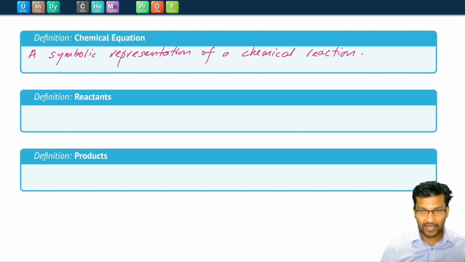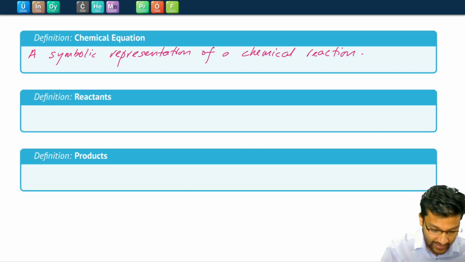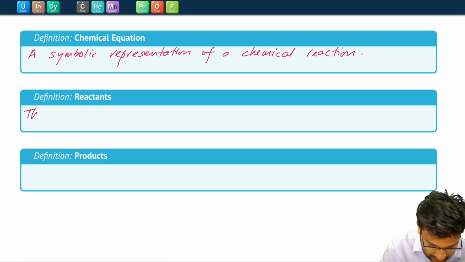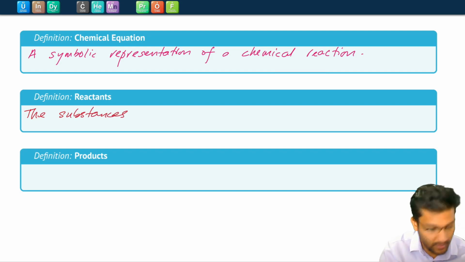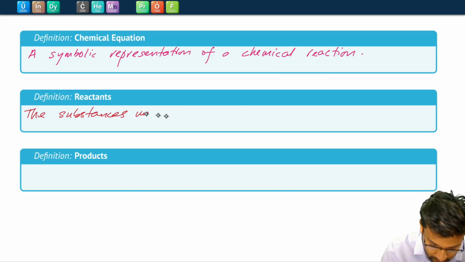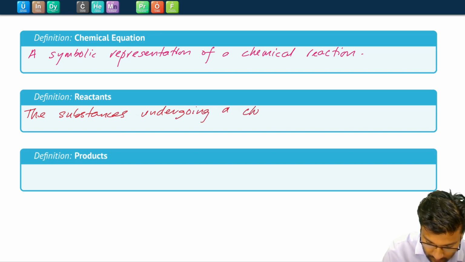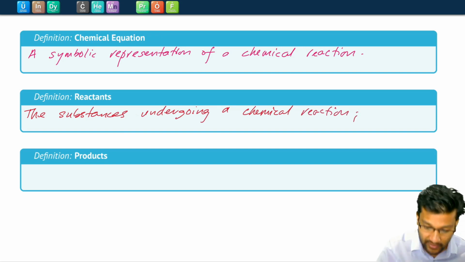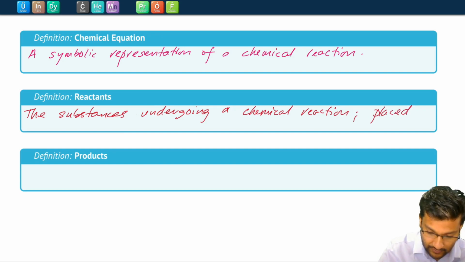There are going to be two sides to any chemical equation. On the one hand, we have reactants, which are simply the substances undergoing the chemical reaction. And in a chemical equation, they're placed on the left-hand side.